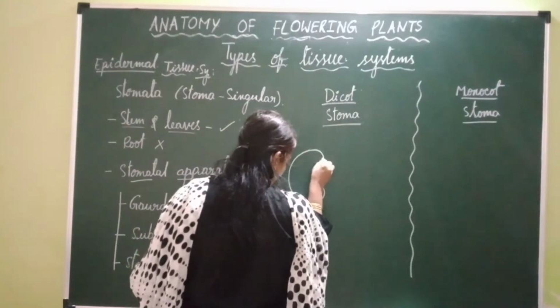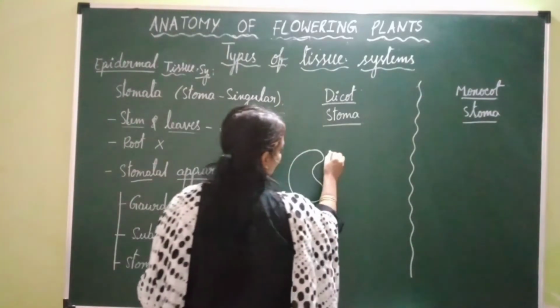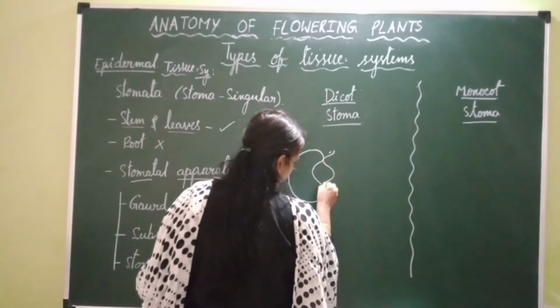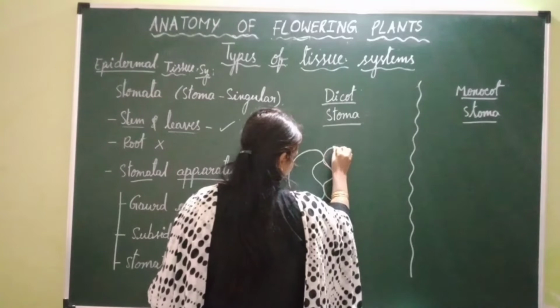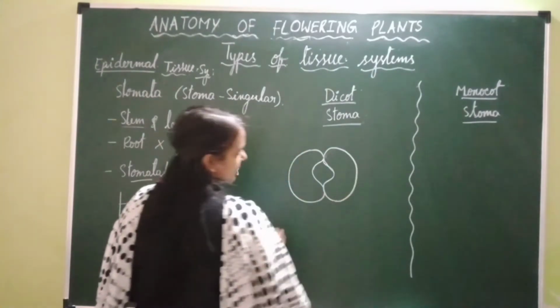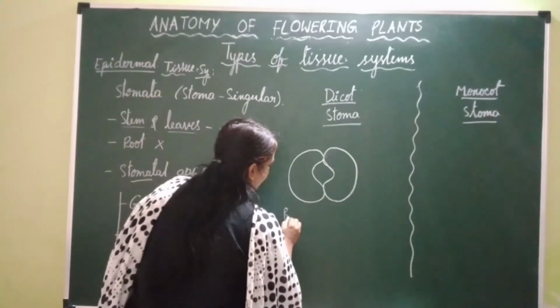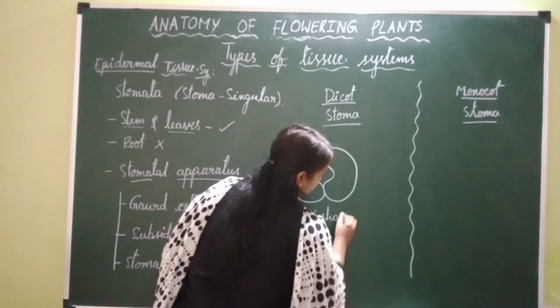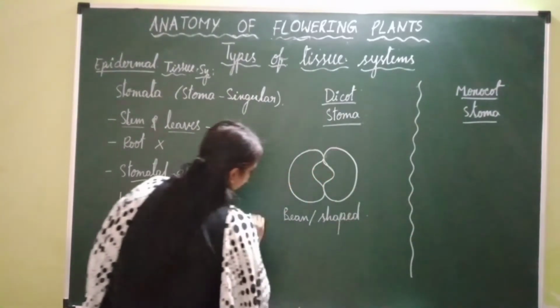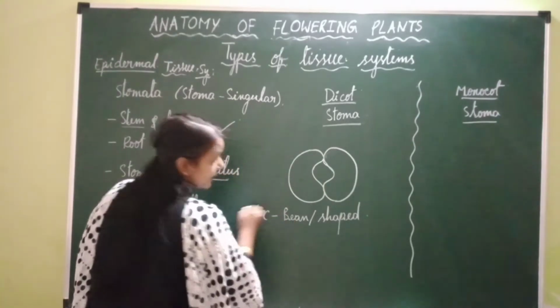In dicot stoma, guard cells are bean shaped or kidney shaped. I am writing guard cells as GC, right?